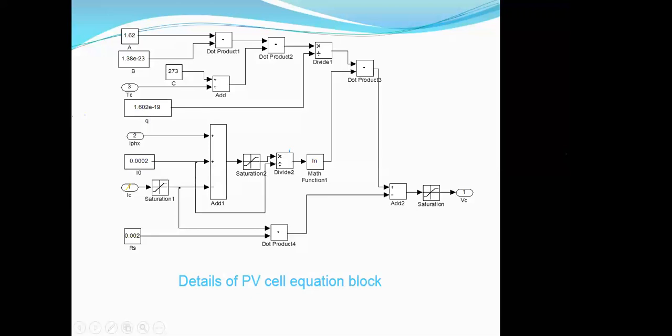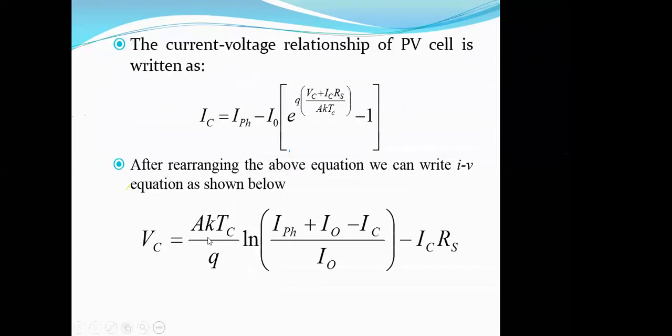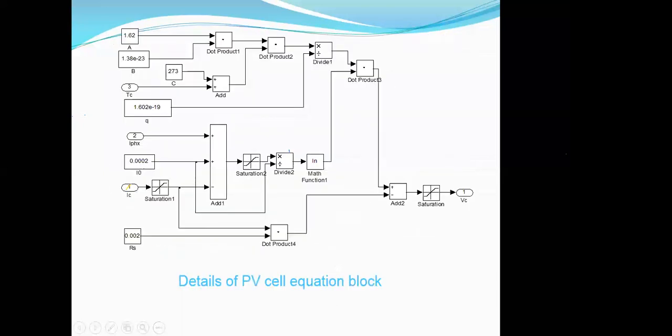Then ln of IPH plus I naught minus IC, minus ln of I naught, and this is multiplied with, minus ICRS. So basically this block is this equation, VC is equal to AKTC by Q. This equation has been simulated in MATLAB by this model.